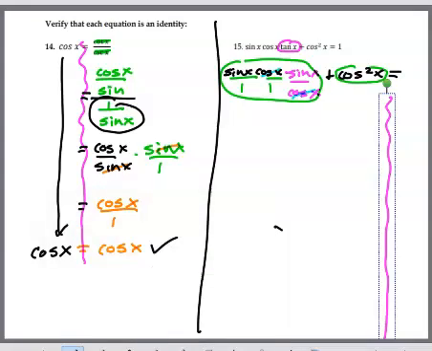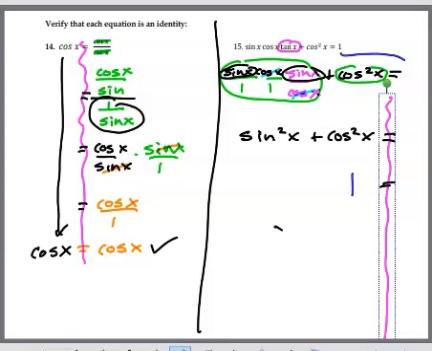And I'm left with a sine times a sine, which is sine squared. And then this, of course, is cosine squared. And well, that looks pretty darn familiar. Sine squared plus cosine squared is 1. And 1 is equal to 1. So we are done.